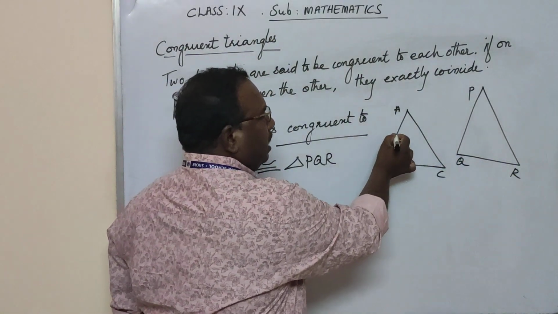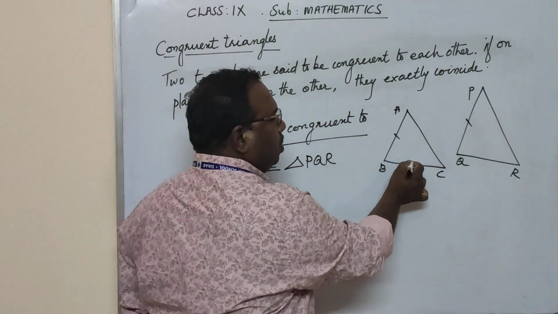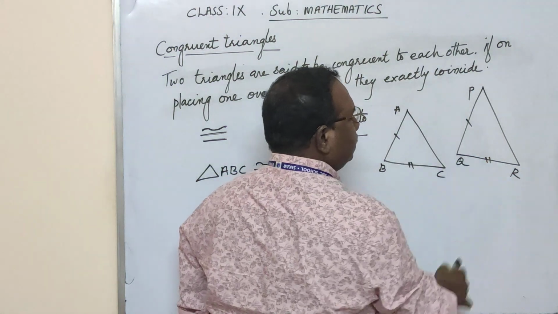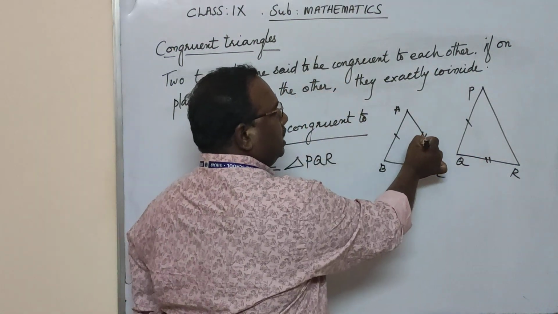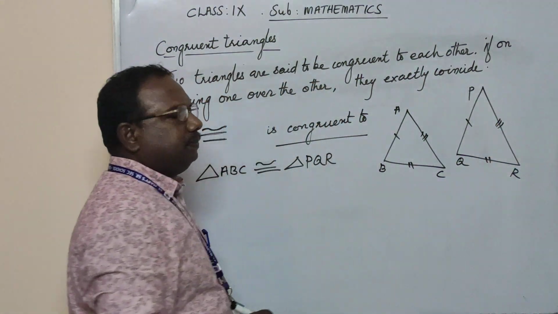Let's say AB is equal to PQ, BC equal to QR and AC is equal to PR.